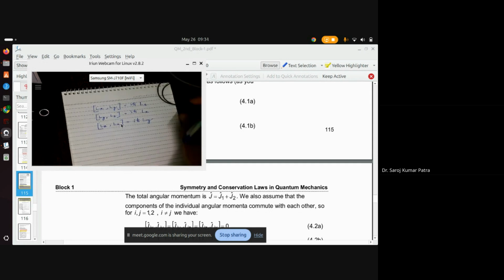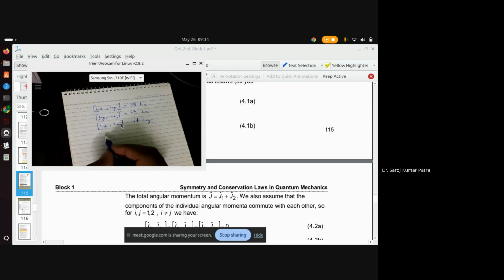Similarly, we can write for spin: Sx Sy will be equal to i h cross Sz, which is for the quantum spin operator.